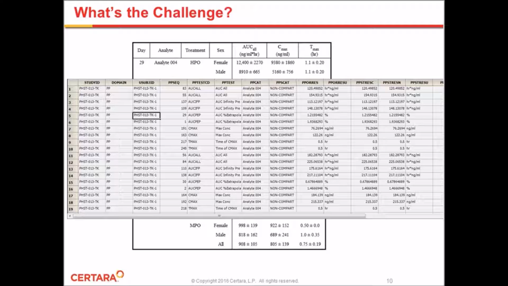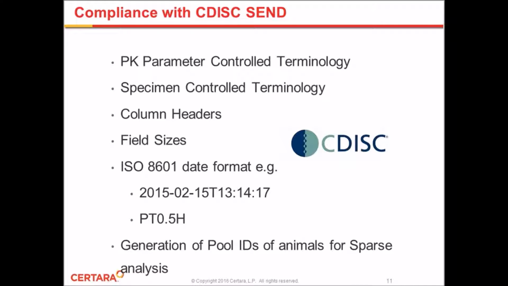So, what are some of the features of SEND? You can see in this table here that it's quite a controlled format that you have to provide the data in. If we look at some of the features of SEND, for a start, there's controlled terminology.